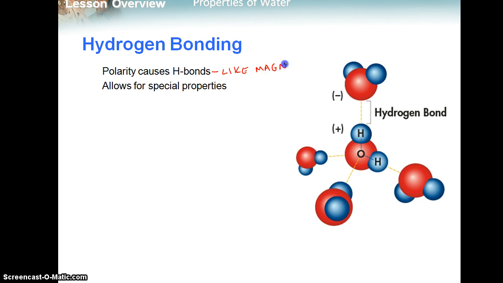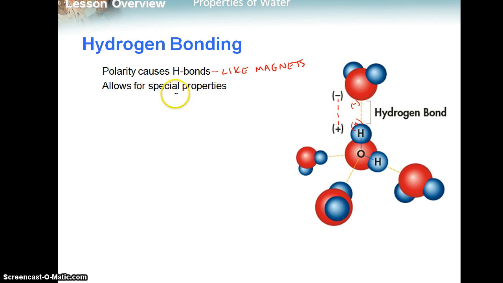In magnets, the positive end of the magnet is drawn towards the negative end. So we have an attraction here, and that's all we have is an attraction. These hydrogen bonds are attractions from the negative end of one water molecule to the positive end of another water molecule. And so they clump together.